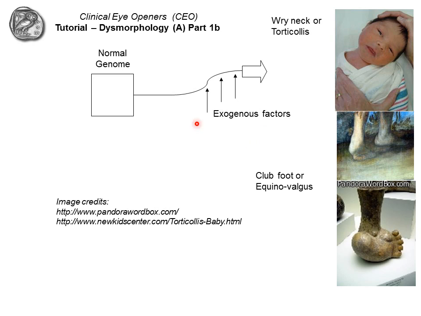So exogenous factors, and this is then torticollis or wry neck, a fairly common anomaly that pediatricians and obstetricians are quite familiar with. Here is a case of one foot with relatively normal morphogenesis and one which is an equinovarus, and here is an equinovalgus.